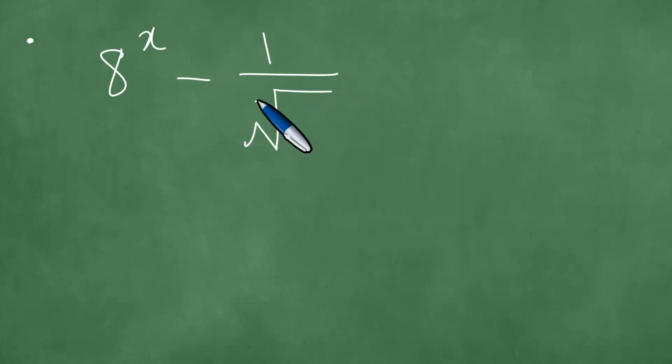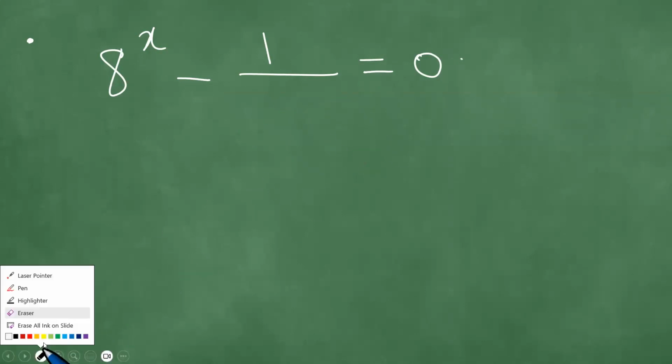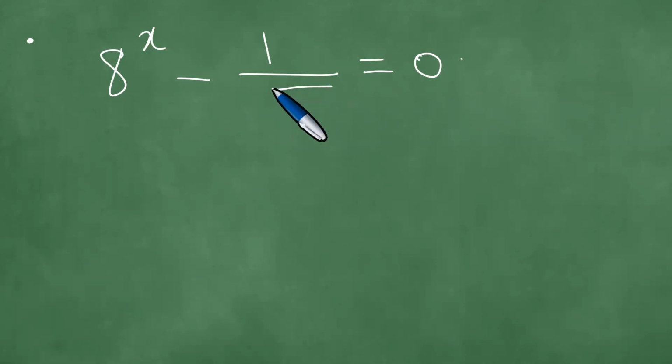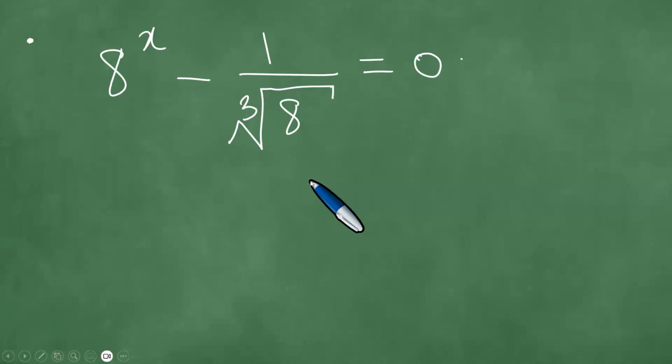Now you need to solve for x given a to the power x minus 1 divided by the cube root of 8 equals 0. Can somebody solve for x here quickly? What are the values of x here?